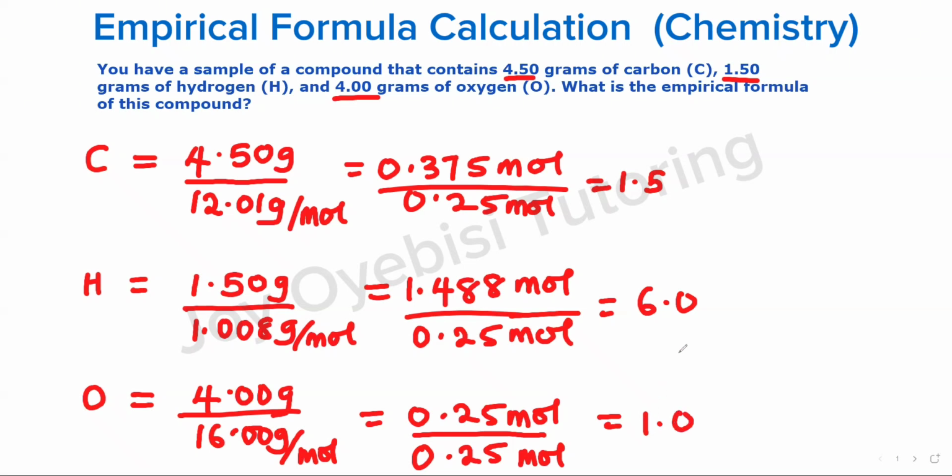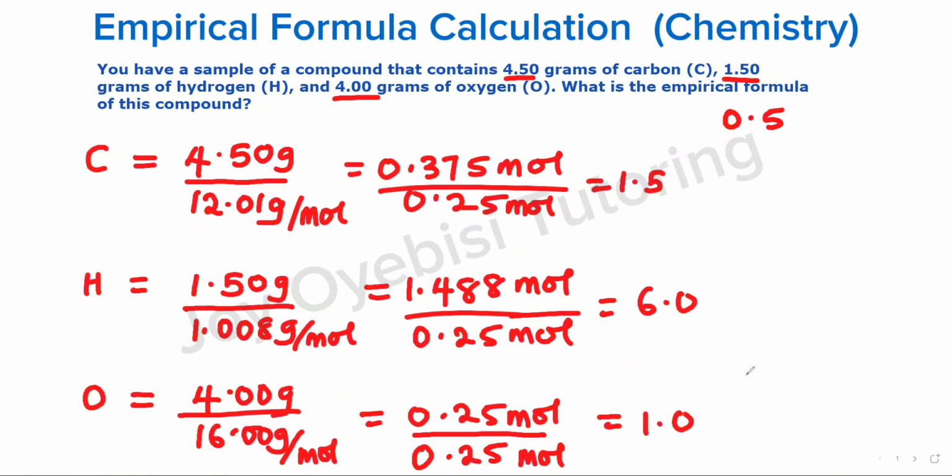Now, whenever you have a 0.5, you multiply the whole thing by 2, okay? You cannot round up when it is 0.5. If you have a 0.33 or a 0.66, you multiply the whole mole ratio by 3.